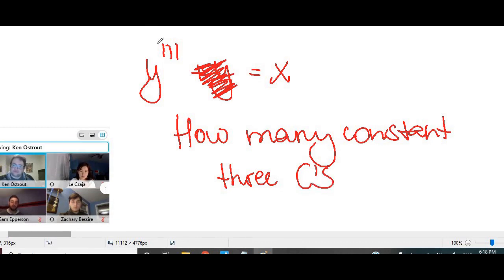Okay, suppose this wasn't the third order. Suppose this was an nth order. How many constants would you pick up? N, right?